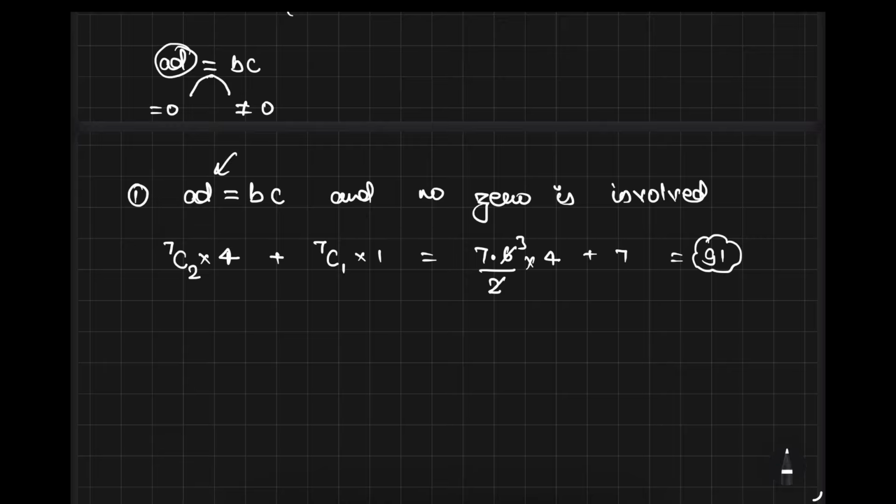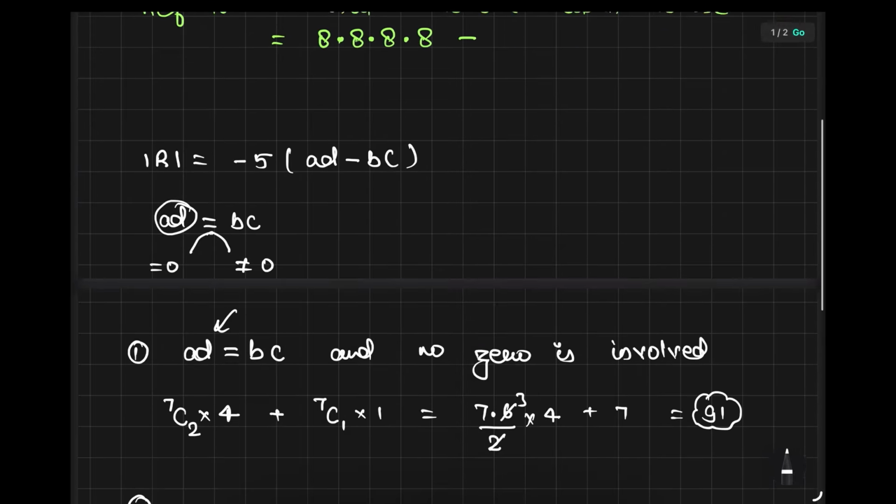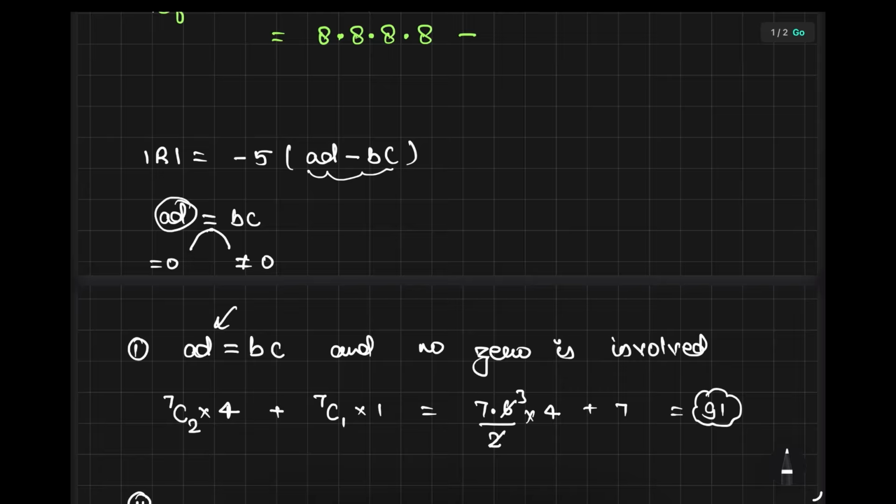Now this is done. Now we will move on to this case. The quantity is 0 under which condition? The idea is either one element will be 0, two elements will be 0, three elements will be 0, or four elements will be 0. Now out of these four things, A, B, C and D, you cannot use just 1 zero to make this quantity 0.